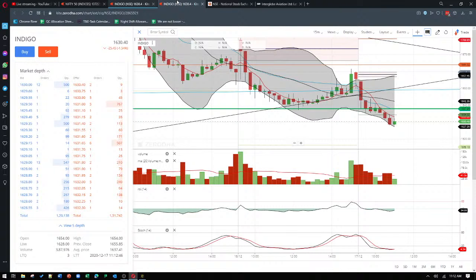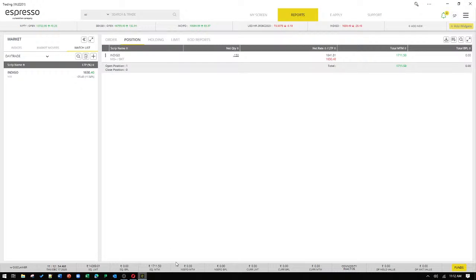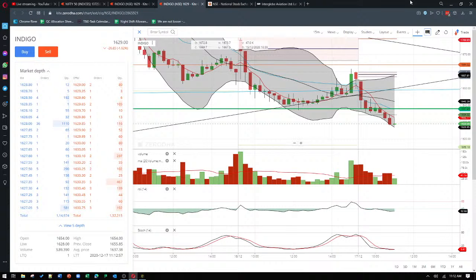Current time is 11:12, and we are running with 1700 profit. All right, so it looks like it is really ready for the next breakdown.